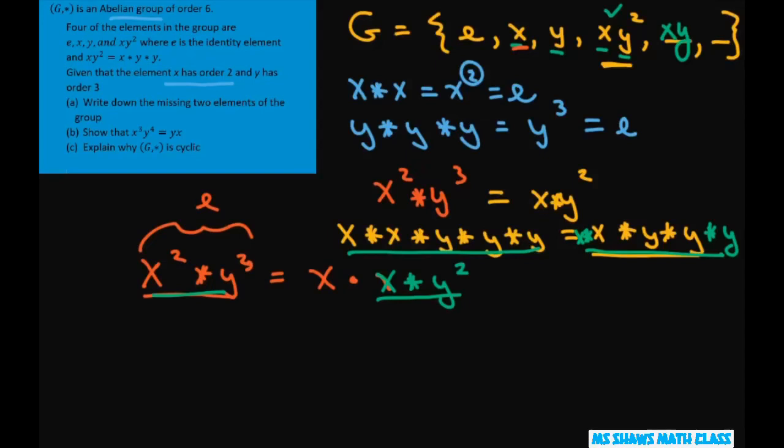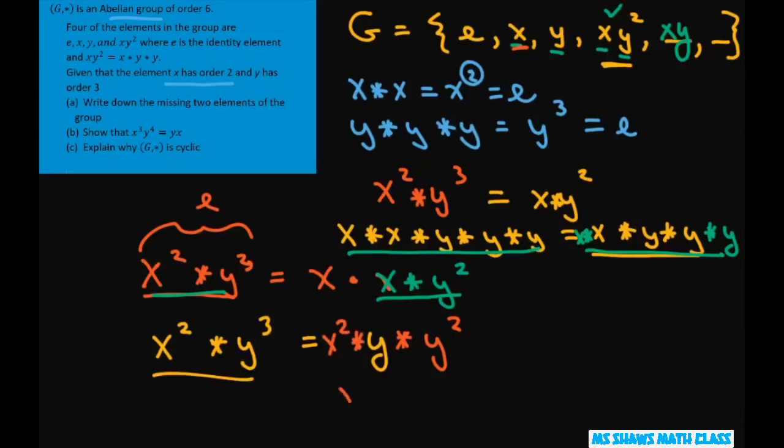Now let's try the next one, X squared star Y cubed equals Y. To get this, you would star this Y by Y squared and also star this by X squared.